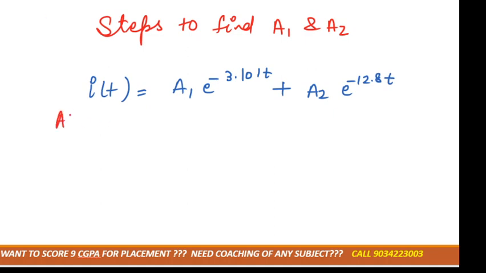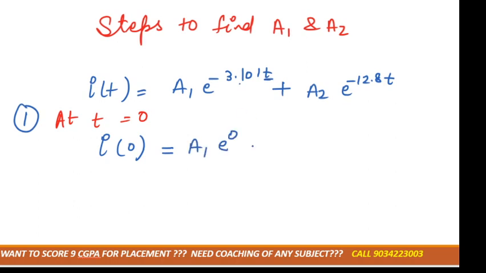So we are measuring at t equal to 0 always in the first step. At t equal to 0, I of 0, if we multiply t with 0 then e is raised to power 0, and anything raised to power 0 is 1, so A1 into 1 plus A2 into 1.